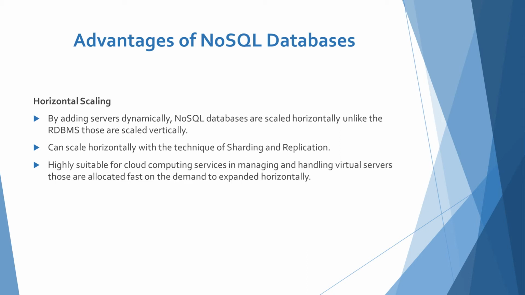This is the advantage of horizontal scalability. So we can add disk, RAM and CPU vertically, and also horizontally we can add one more machine. This is the main advantage in NoSQL, and the data will be spread across the nodes within the cluster.